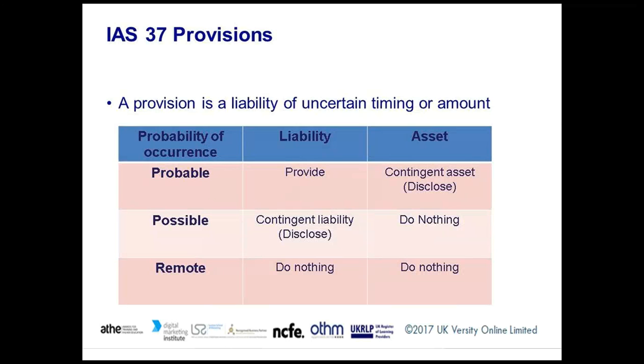For possible contingent liabilities, where it may or may not happen, we still need to disclose them in the notes to the balance sheet under additional information. If it is possible under the asset, do nothing. If it is remote or less likely, less than 20%, we don't need to disclose. So we need to follow these rules.